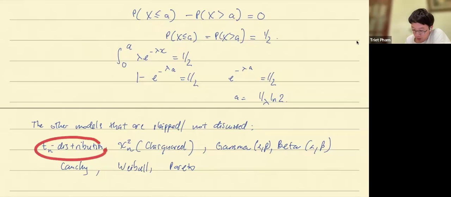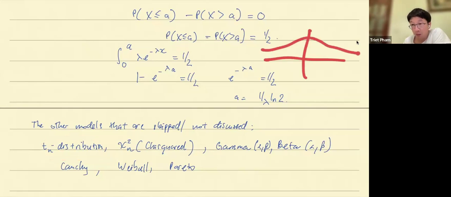So the T distribution is well known for having a bell shape similar to a normal, but with fatter tails. That's where the T goes in, when you ask, is this a normal distribution or T distribution, or is it a T test or a Z test, when it comes to hypothesis testing.